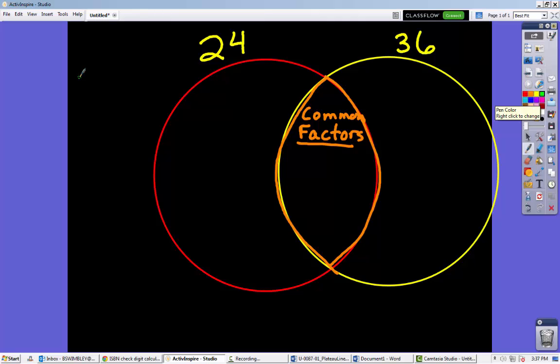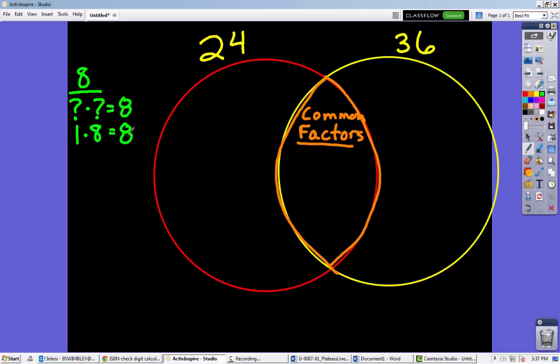Well, if you remember, factors are numbers we multiply to get this target number. So for example, if 8 was my number, my factors would be, what numbers can I multiply to get 8? So we could think of it as question mark times another question mark equals 8. And I know that 1 times 8 equals 8.